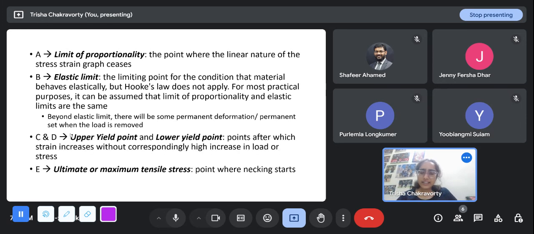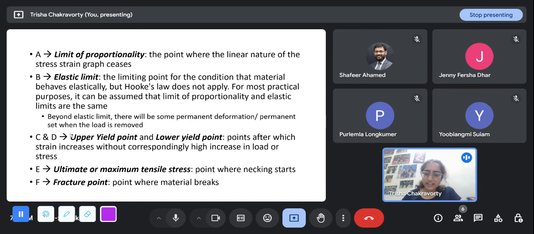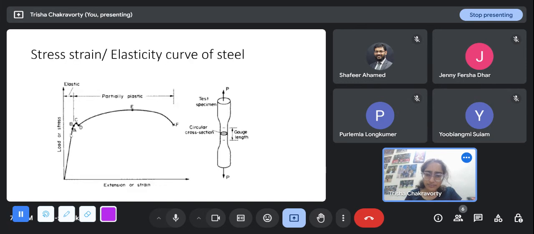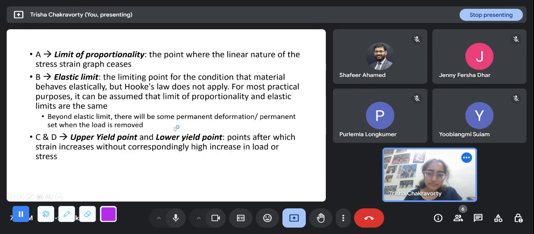And then E is the ultimate or maximum tensile stress, which is the Fu that we use to characterize a steel material. And F is the fracture point, that is when the specimen finally breaks. Generally we don't load it any further once it has reached this Fu, so that is called the ultimate. We don't generally consider this part of it.